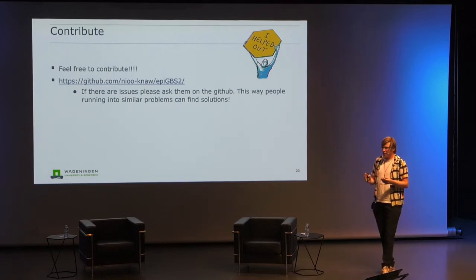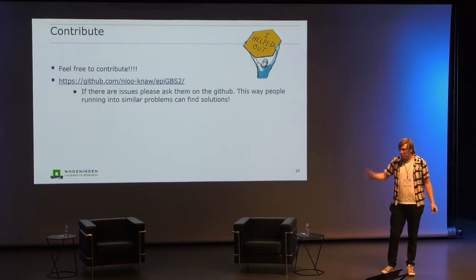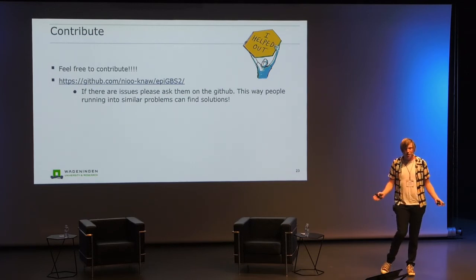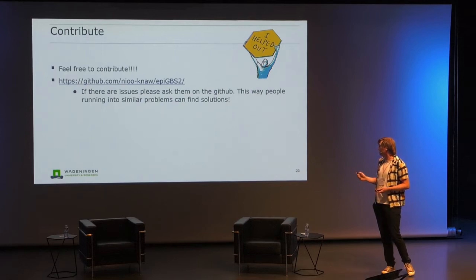In this way, people can very easily Google their issues, and if the issues are solved, they will still show up on Google, and people can just find them on the GitHub instead of having to have multiple mail conversations with all different people who try different things. In this way, everyone who uses the pipeline can together help to improve it and help people find solutions for issues they encounter.